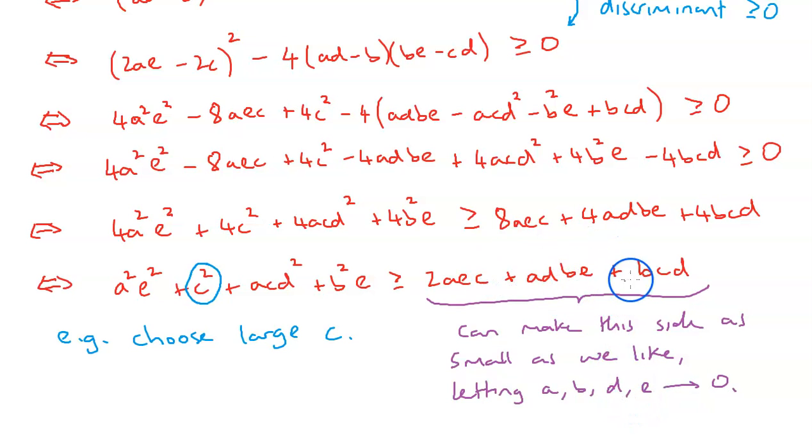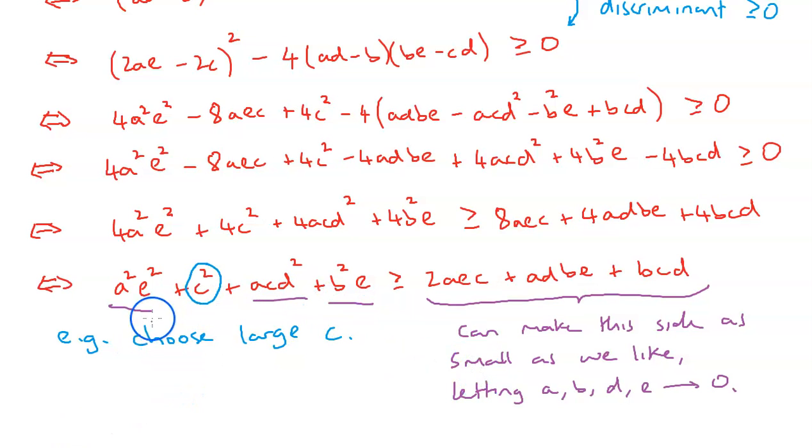And so this side here will be really small, whereas this side is going to be large because we have a big value of c that has been squared. And then similarly, all the other terms would go towards 0 as well because they have a's, e's, b's, and d's in them.